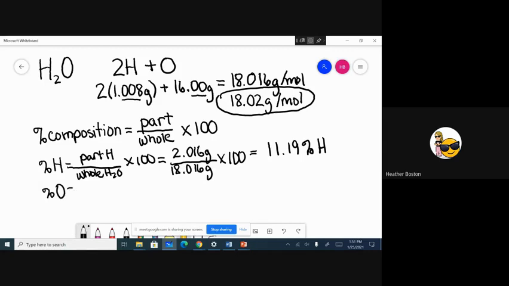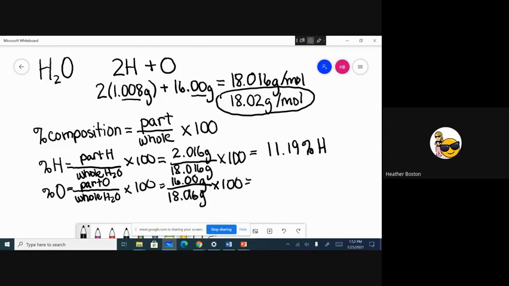The other part is oxygen. So the percent composition of oxygen would be, what part of it is oxygen out of the whole water molecule? So 16.00 grams oxygen out of 18.016 grams of water.